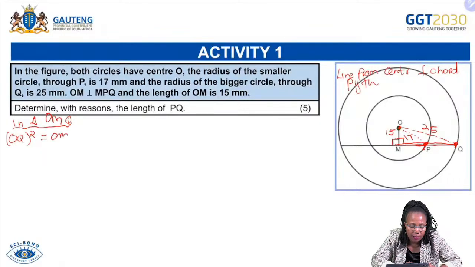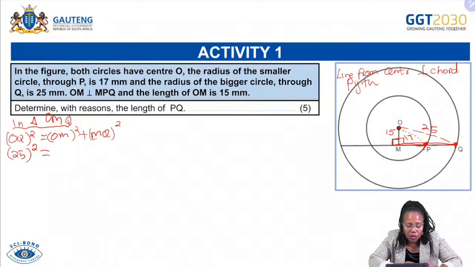The OM squared plus the MQ squared. And then how much is OQ? 25, the hypotenuse side, and that is equal to OM, which is 15 squared, plus MQ squared. We are looking for that MQ line.